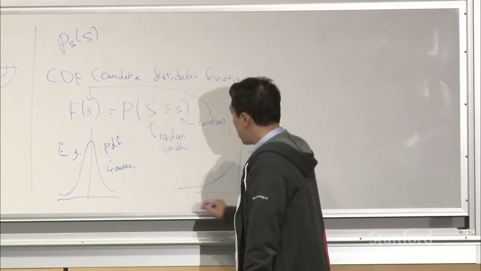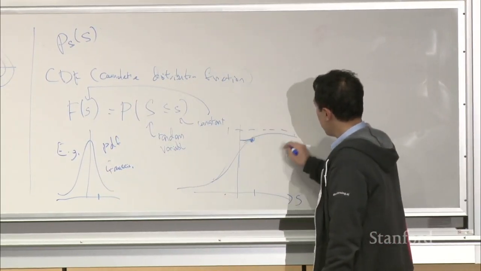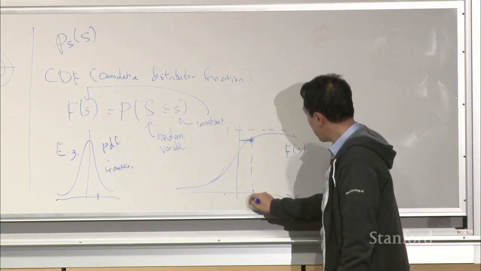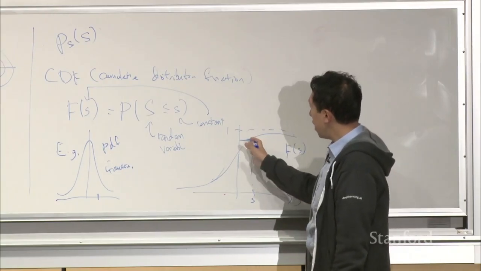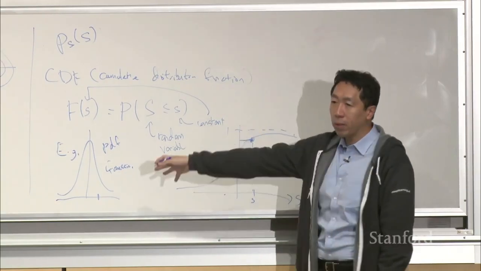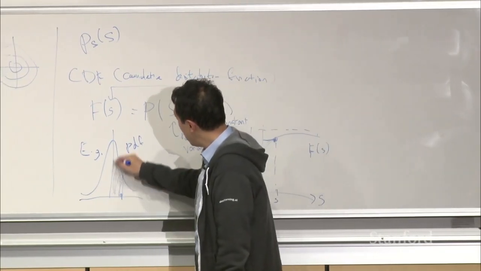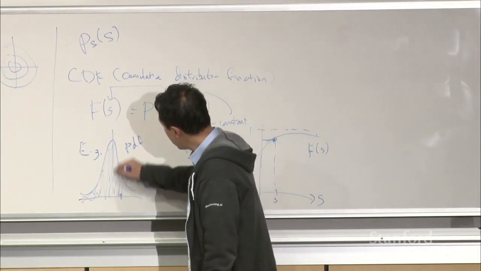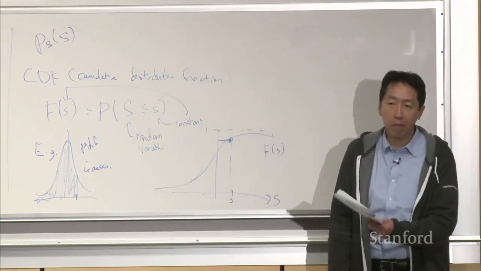So if you take the same point, the height of a CDF at a certain point, lowercase s, is the probability that the random variable takes on a value equal to this value or lower, which means that the height of this function is equal to the probability mass, the area under the curve of your PDF to the left of that point.